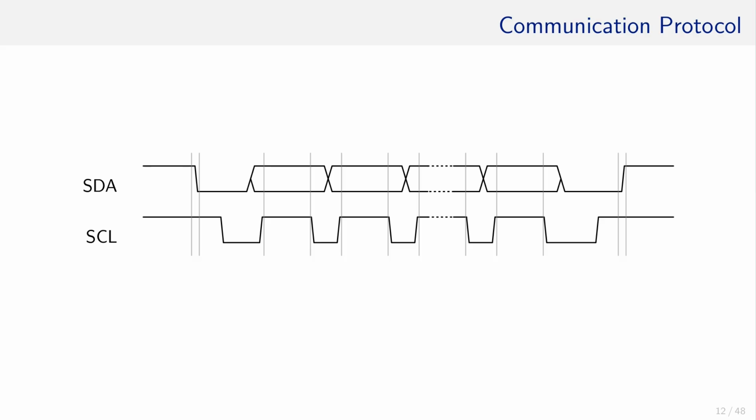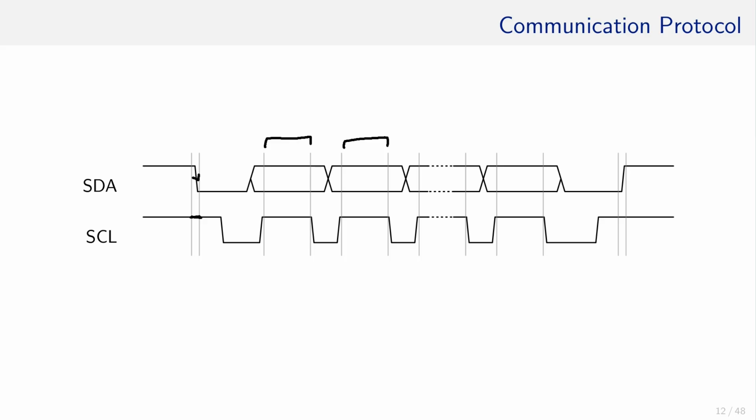First, the data is always sampled when SCL is high, like during this period or this period. Second, to start the transfer, a master creates a bus violation. That is, it pulls down SDA while SCL remains high.